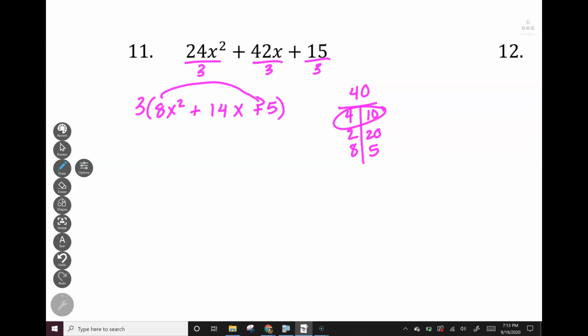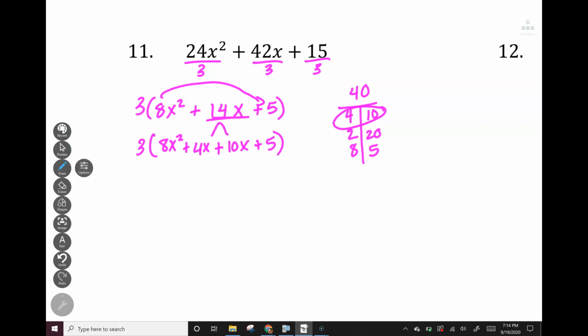And you want it to add to positive 14, so both numbers need to be positive. Splitting this up into 4x plus 10x. Rewriting the rest of that, 8x squared plus, okay. So all we did was basically uncombine like terms from this middle guy. Okay, the 3 is still on the outside, so don't forget about that.